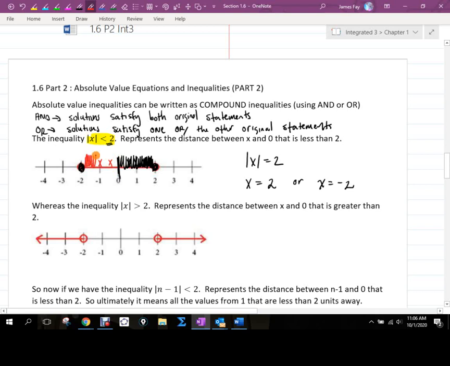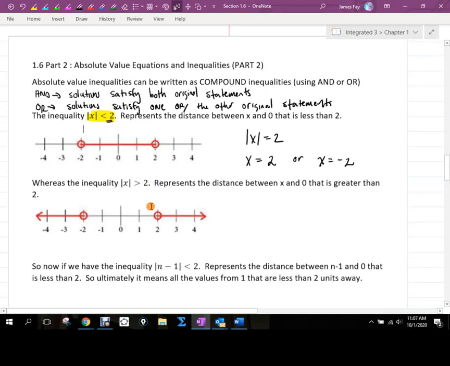So all that stuff that's red and all that stuff that's black would be solutions for that absolute value inequality. Does that make sense? When I ask those questions and I get silence, I'm going to assume that silence means yes.